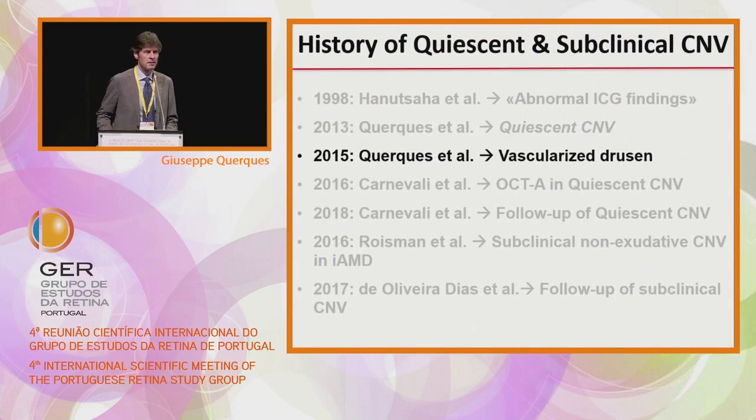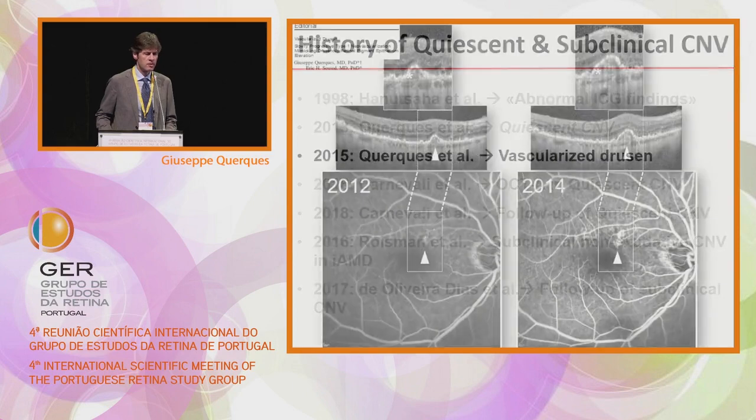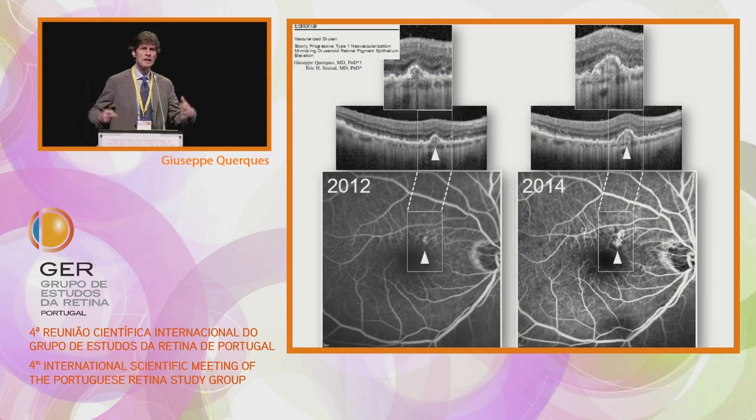Then, in this editorial in Retina, we also realized that not only a large plaque on ICG could be defined as quiescent, but also a small macular neovascularization mimicking drusen or a small PED, pigment epithelium detachment, could be quiescent. You can see here this lesion that looks like a drusen on structural OCT, and if you look at the fundus, it also looks like a drusen.